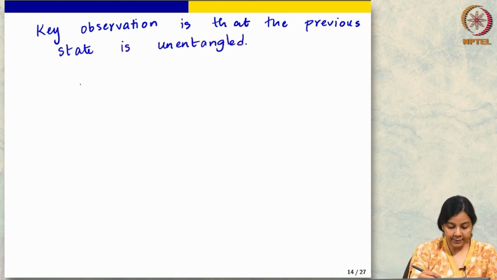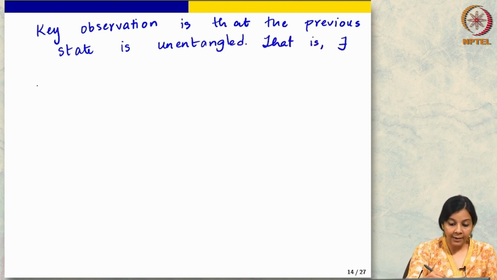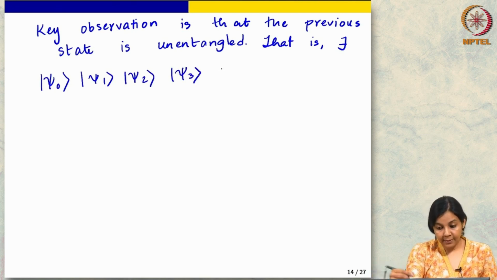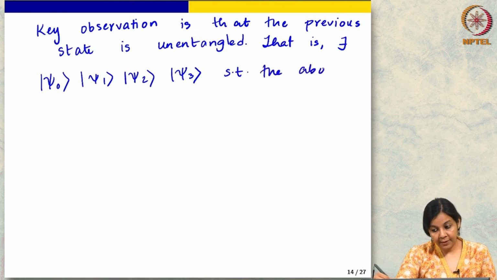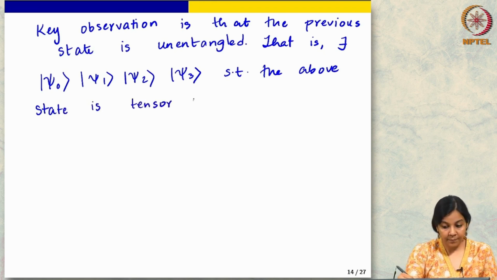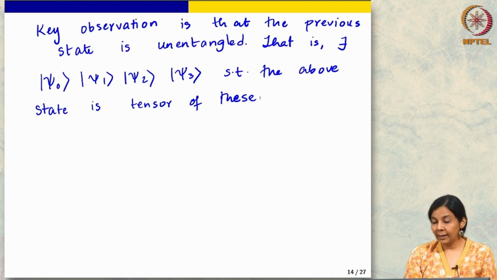So, you can write it as the tensor product of 4 qubits, let us call them psi 0, psi 1, psi 2 and psi 3, such that the above state is the tensor of these. Okay, and you can work out what these psi i are.